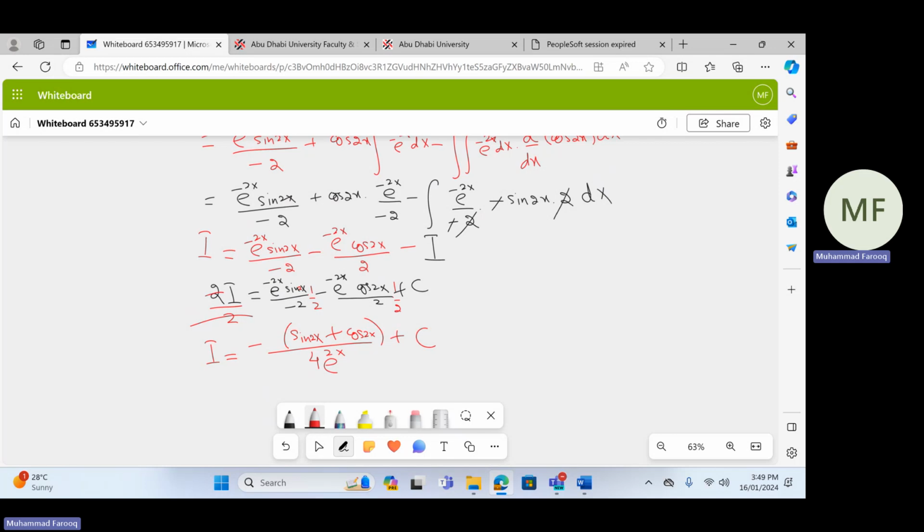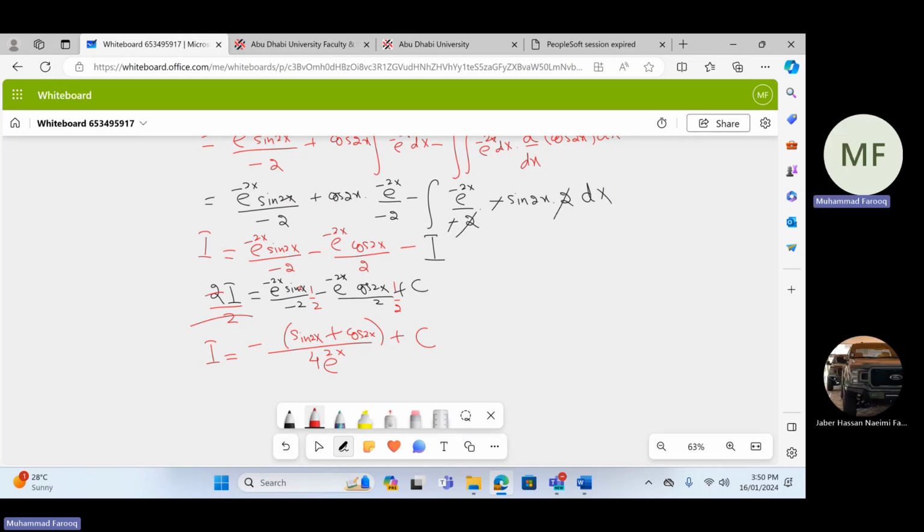Here I just showed you the e power shortcut, and I explained how you can use it. How did you cancel the negative? Because this negative is gone.